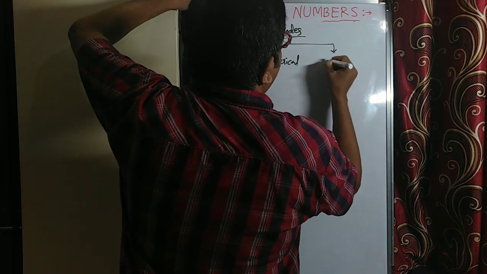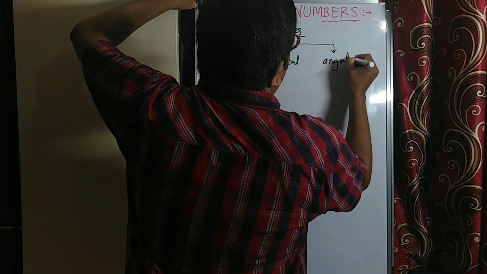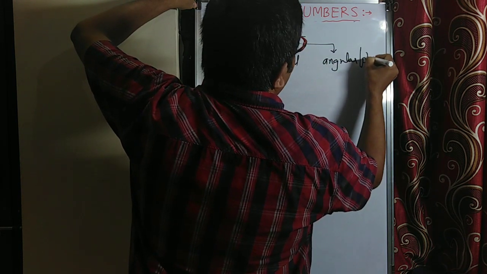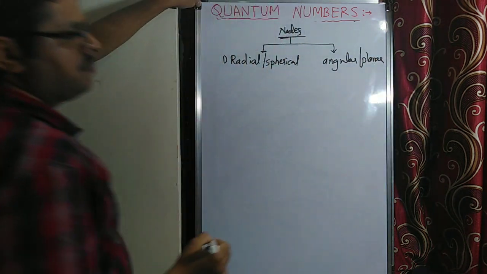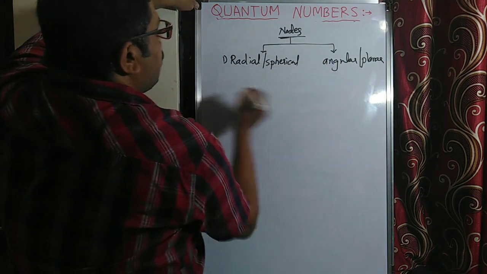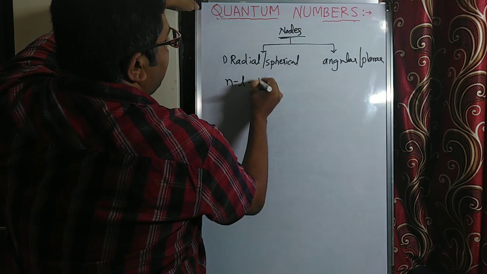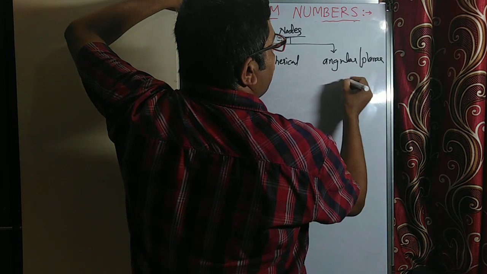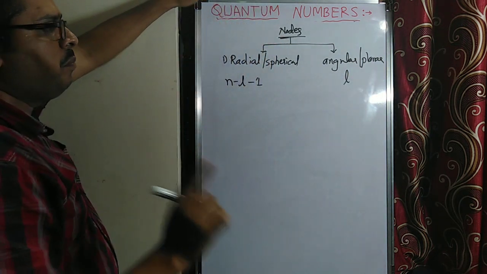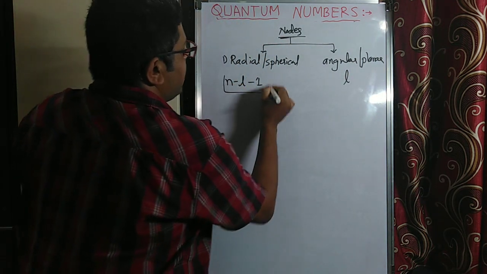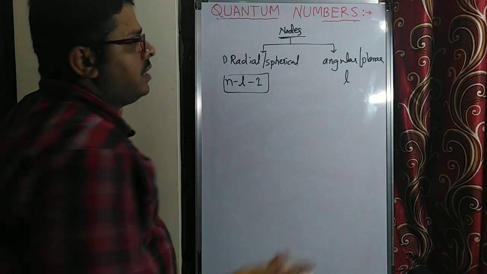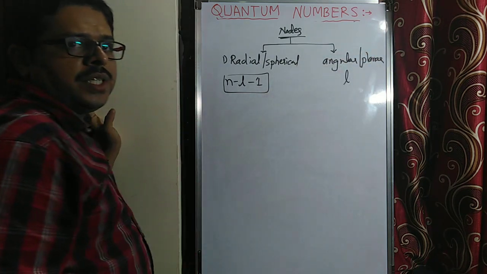Second one is angular node, angular or planar node. Formula: radial node is n minus L minus 1. Angular or planar node is equal to L. Very important, n minus L minus 1. N value, L value can easily tell. So angular node is equal to L.